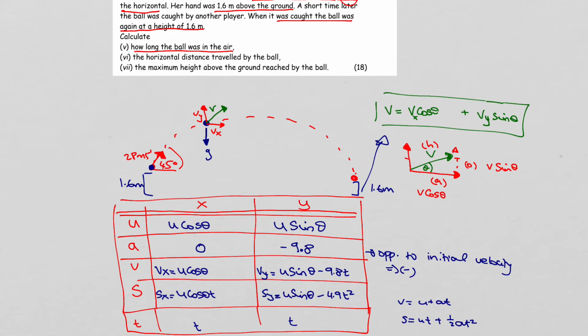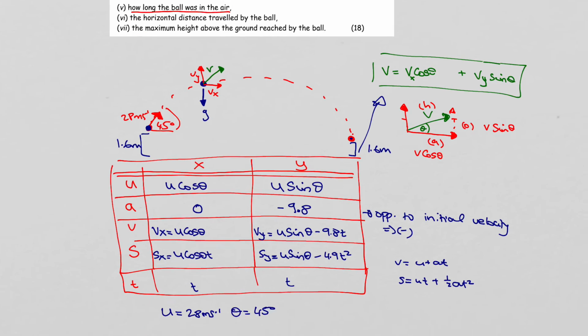So basically on landing, we can see that the displacement above the horizontal is actually 0. So it hasn't actually changed its height above the start and end position. So what we say is, on landing, the displacement in the y direction is equal to 0 because it starts and ends 1.6 meters above the ground.